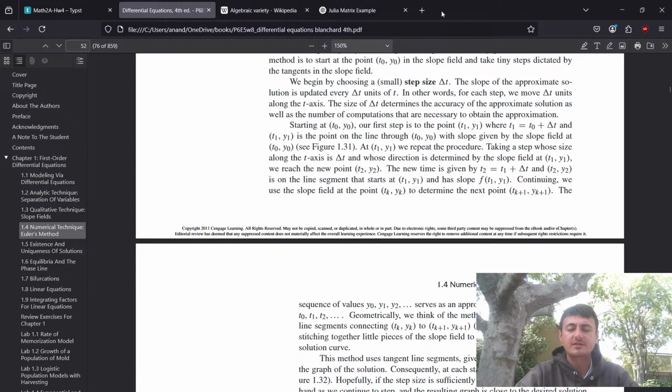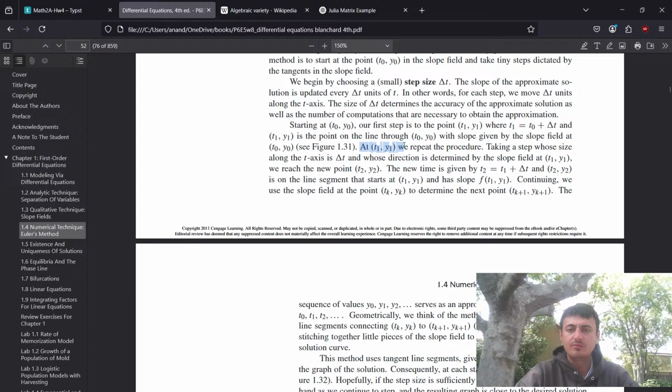So starting at t0, y0, our first step is to the point t1, y1. t1 is going to be equal to t0 plus delta t, and t1, y1 is the point on the line through t0, y0 with the slope given by the slope field at t0, y0, i.e. f of t0, y0.